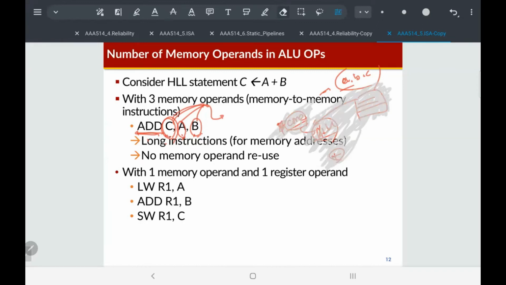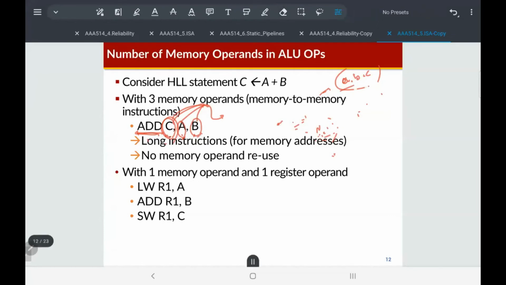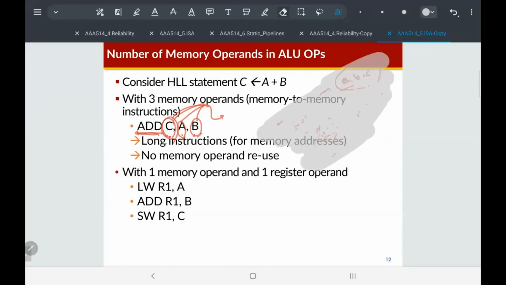And what's the problem? The problem is that this add instruction needs to access data with the address of main memory. But the address is very large, so this address requires many bits.